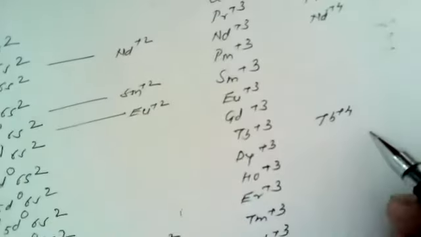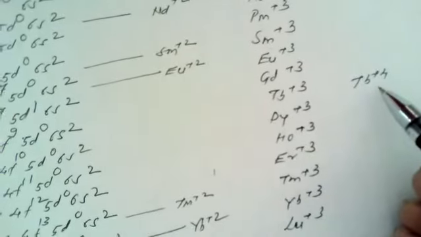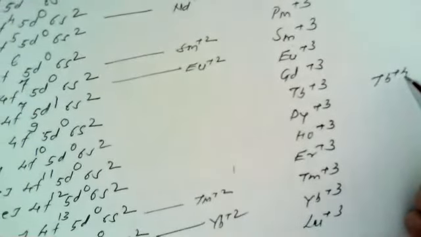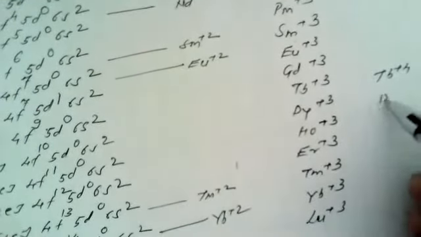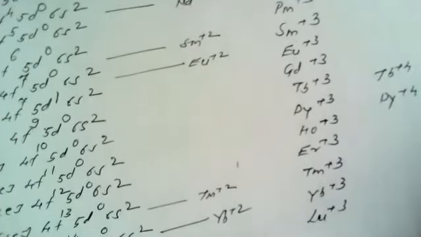That is atomic number 65, terbium, which shows the higher oxidation state of +4. So you have to write terbium +4. Then 66 is dysprosium +4.